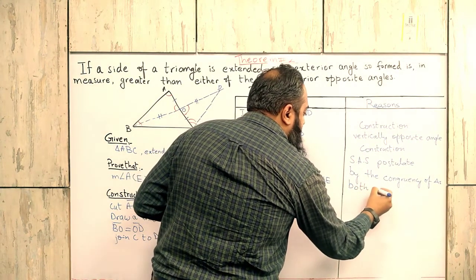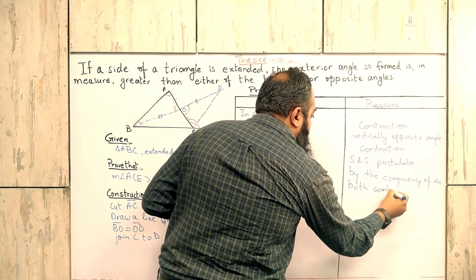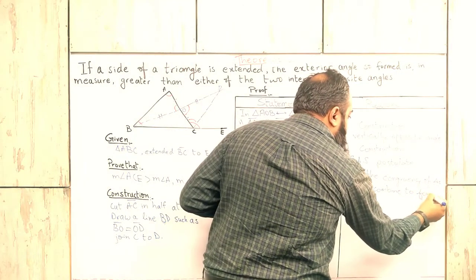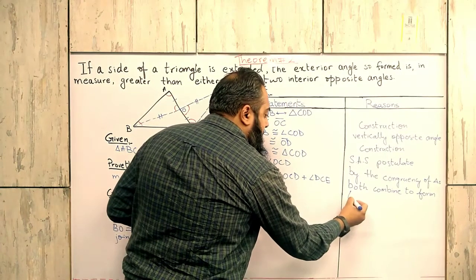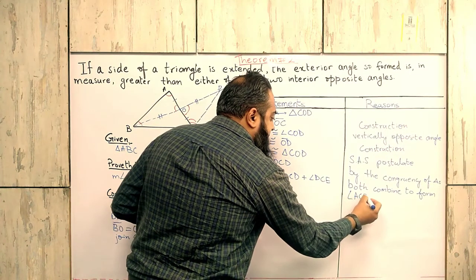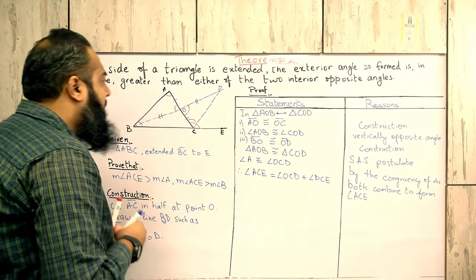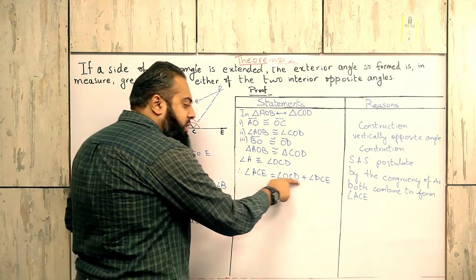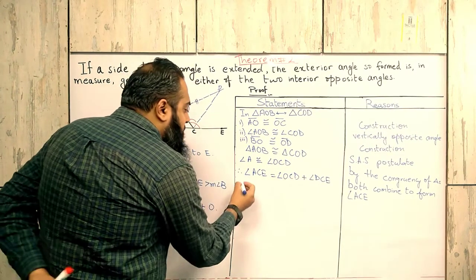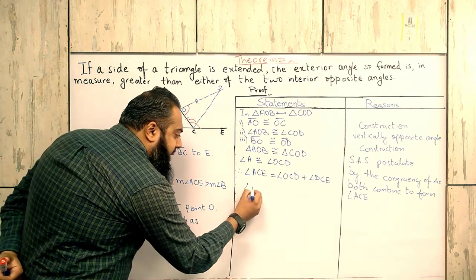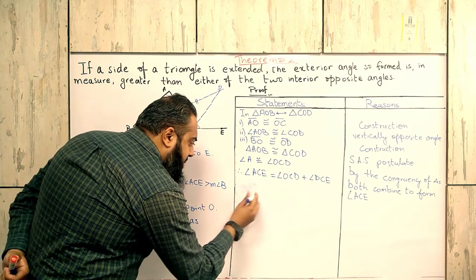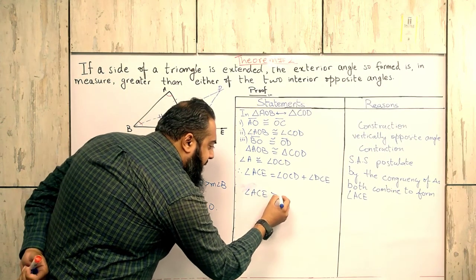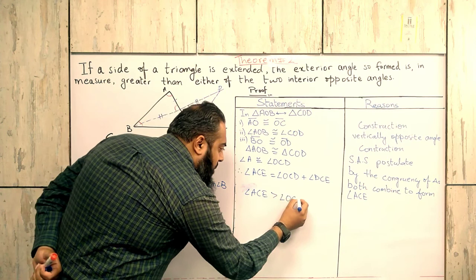Both combine to form angle ACE. Now, if angle ACE equals angle OCD plus angle DCE, we can say that angle ACE will be greater than angle OCD.